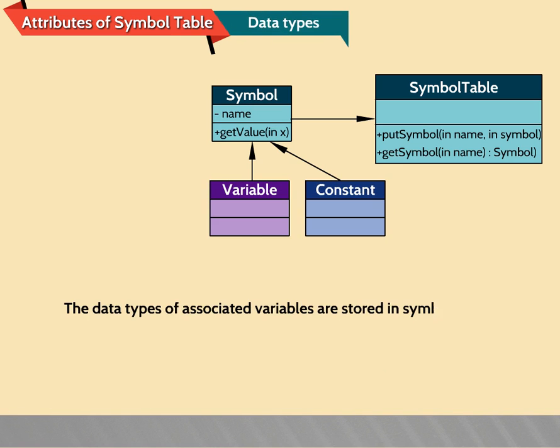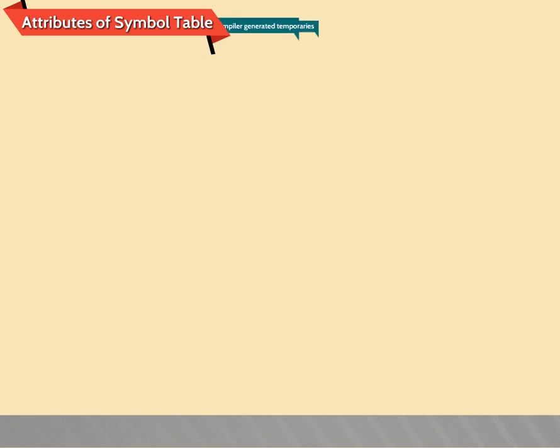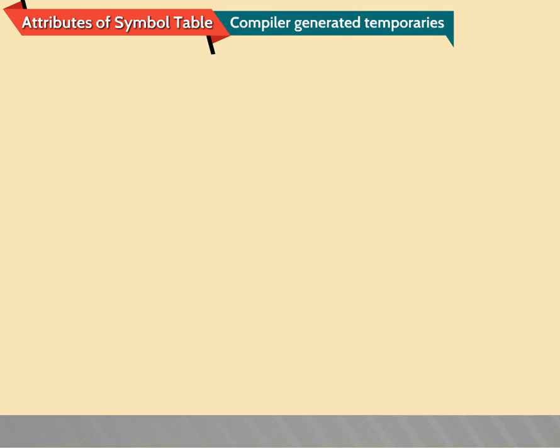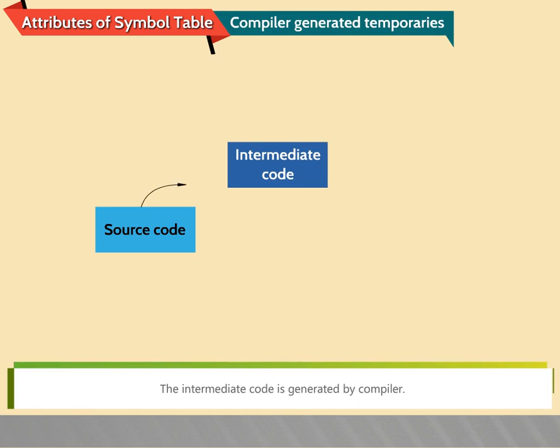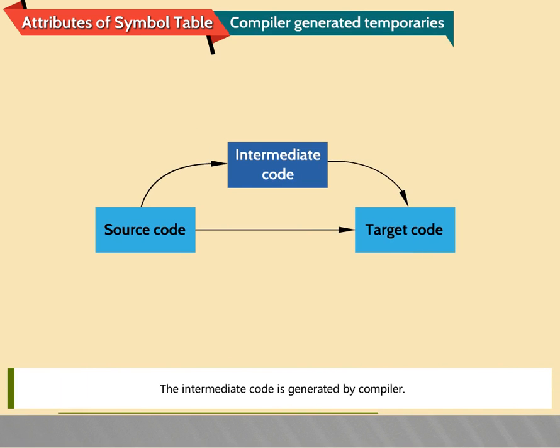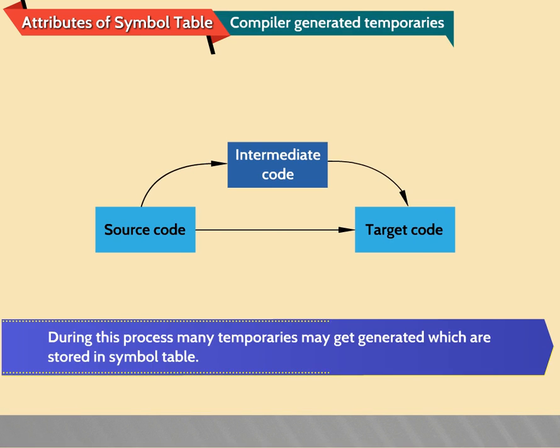Data types. The data types of associated variables are stored in symbol table. Compiler-generated temporaries. The intermediate code is generated by compiler. During this process, many temporaries may get generated which are stored in symbol table.